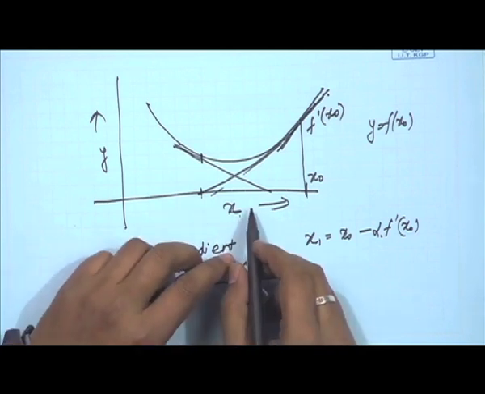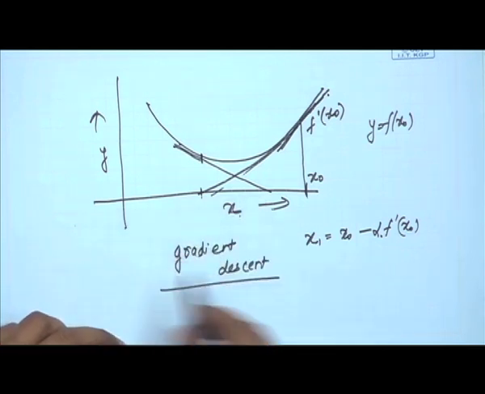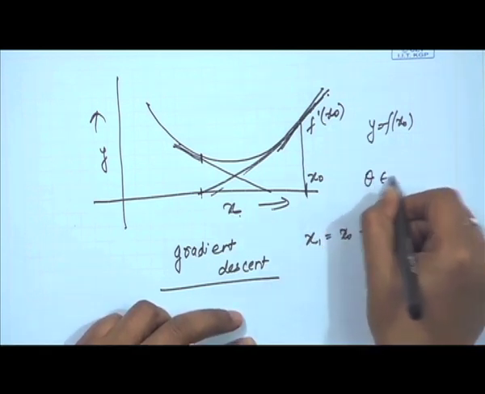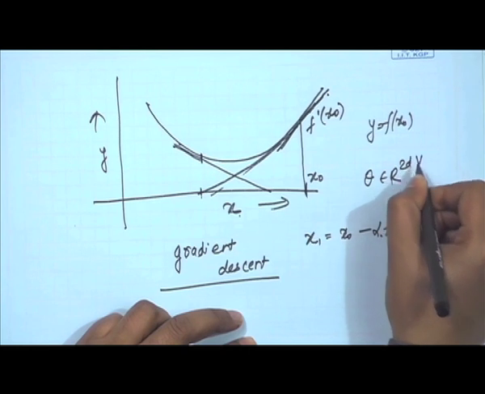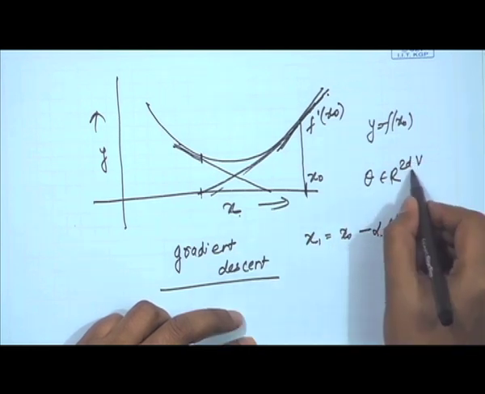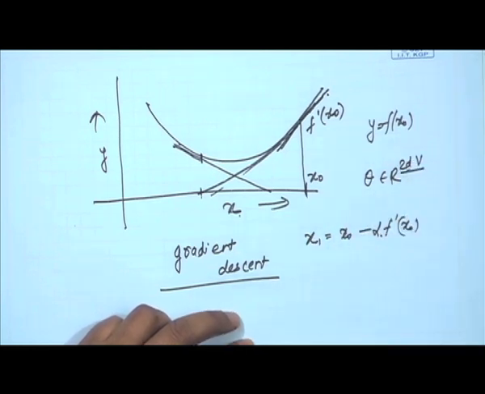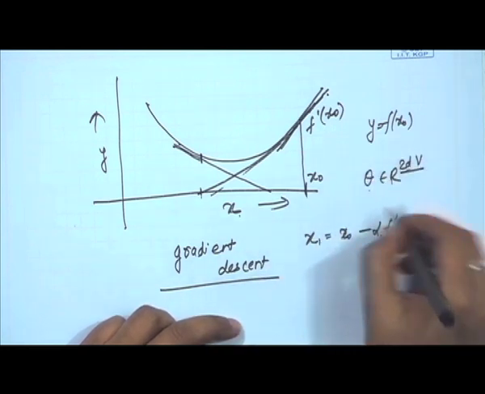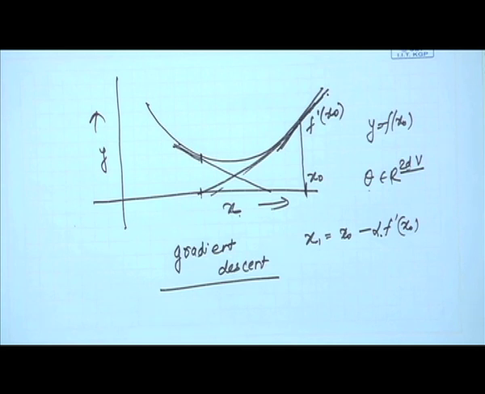So this is a simple function, but your function can be over multiple parameters. So like here my theta is in 2dV dimension. So I have 2d times capital V many parameters, and my J theta is a function of all these parameters. So what I will do, I take a partial derivative with respect to each of these parameters and accordingly update those parameters.